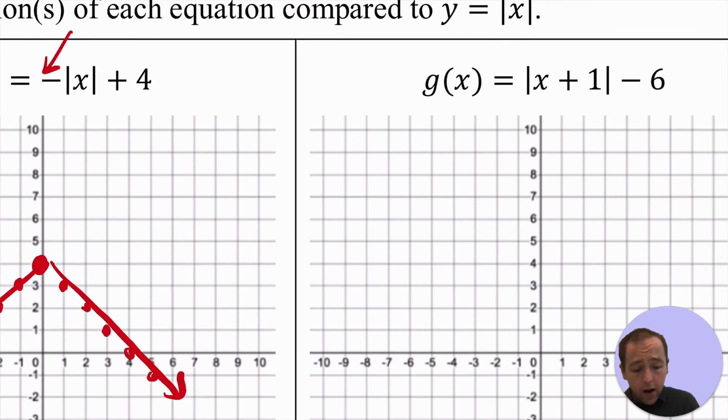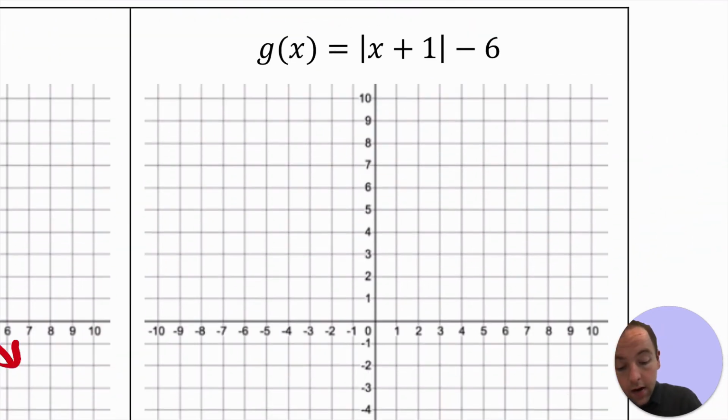And then for the graph of g that's defined right here, you do see in this one now that actually you do have addition or subtraction both inside the absolute value with x and then outside of the absolute value quantity. So in this case, when you do have a plus inside the absolute value, that is going to shift to the left, and then of course one particular unit, because it's a plus of 1.